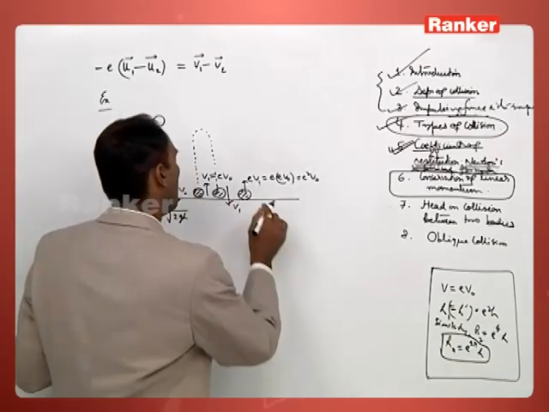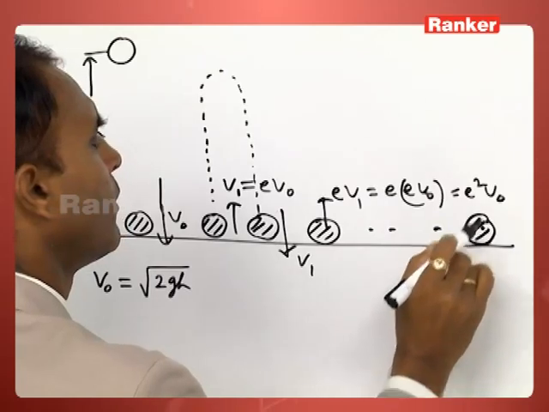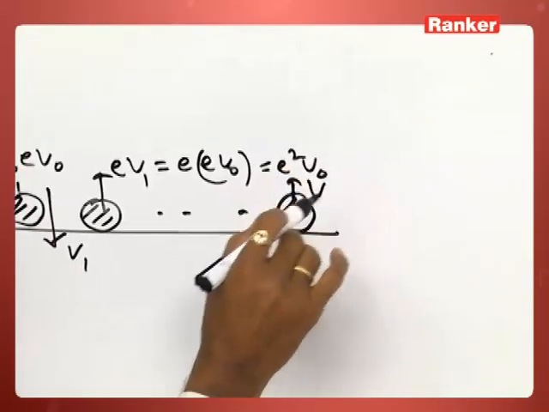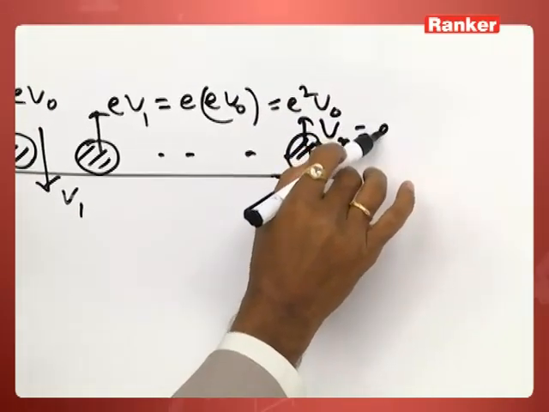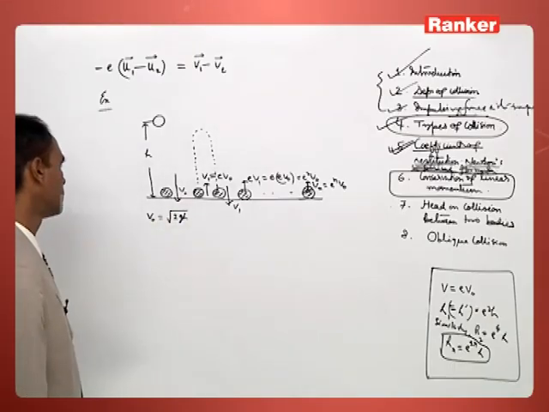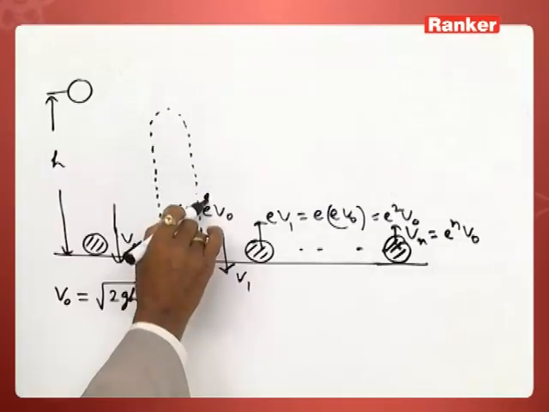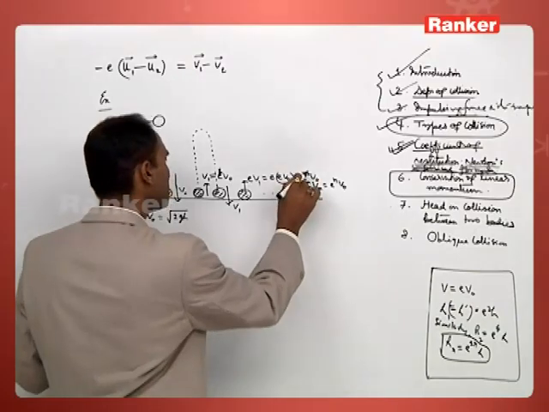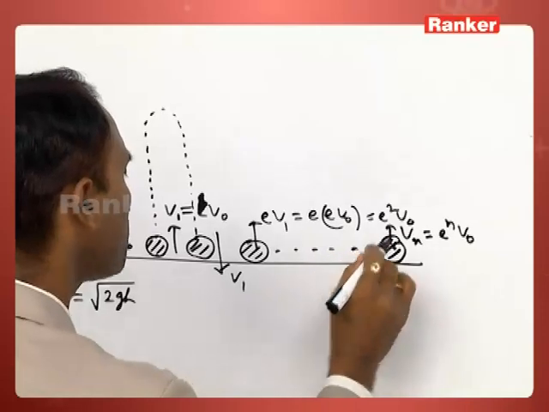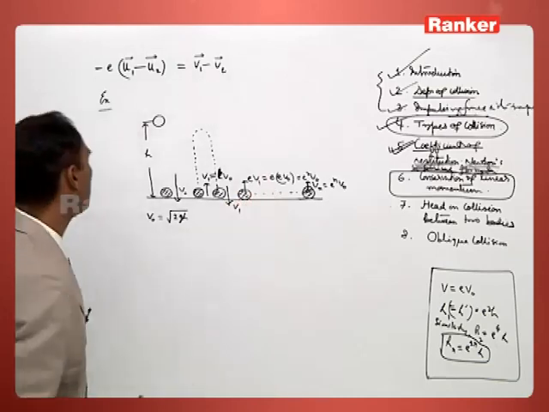Similarly, after the nth impact, the velocity of the body just after the nth impact will be Vn equal to e to the power n into V naught. By logic you can understand. Just after the first impact, e to the power 1 into V naught. Just after the second impact, e to the power 2 into V naught. Therefore, logically you can conclude that just after the nth impact, the velocity of the body will be equal to e to the power n into V naught.